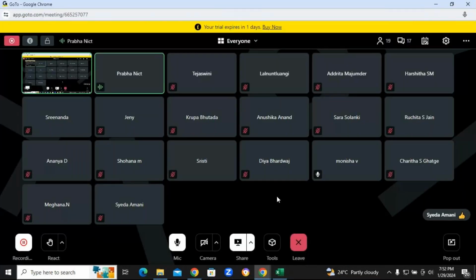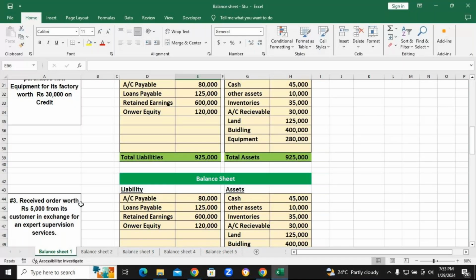Saida, is it clear? So if I have to show, it should be reduced and added in the account payable and account receivable.